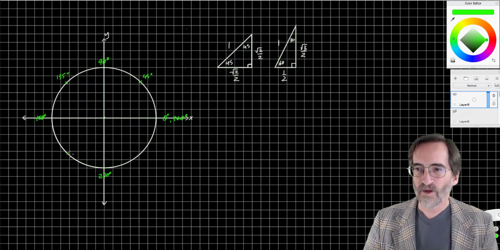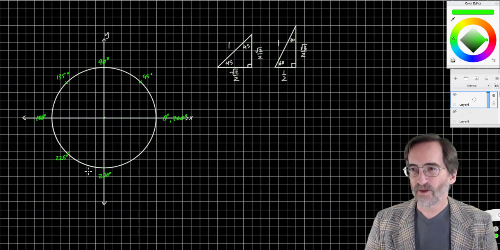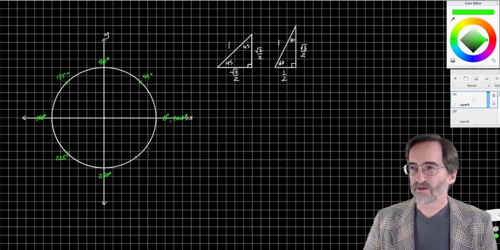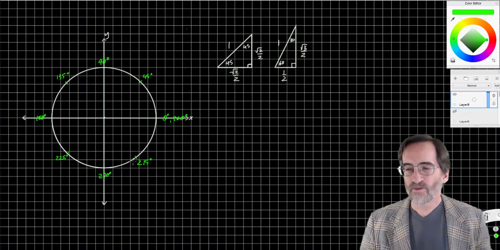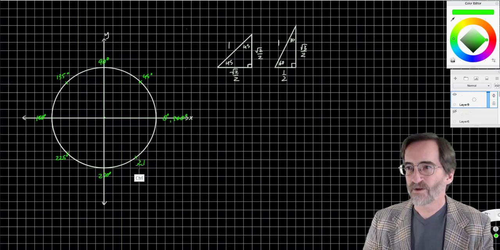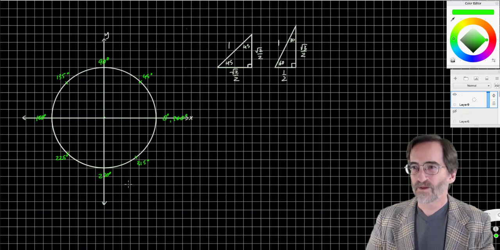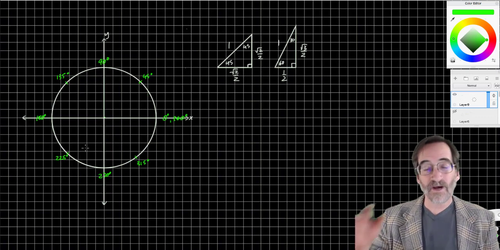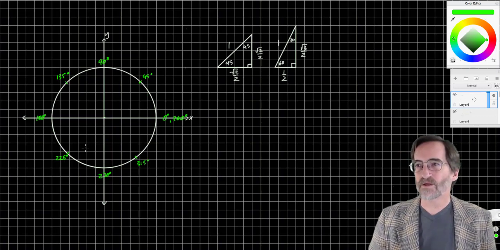If we go 180 and 45, that's 225. 270 and 45, or 360 minus 45, is 315 degrees. And that's splitting in half and splitting in half and splitting in half again.